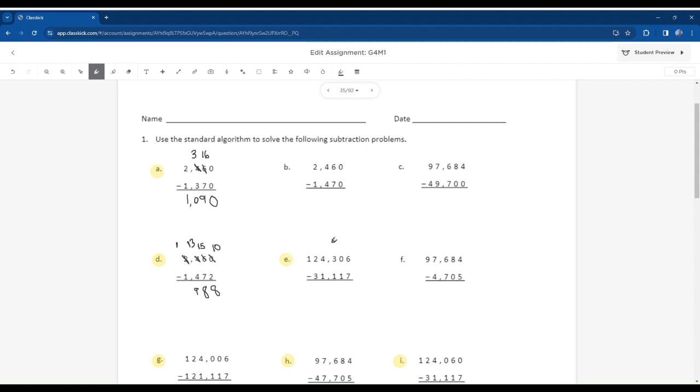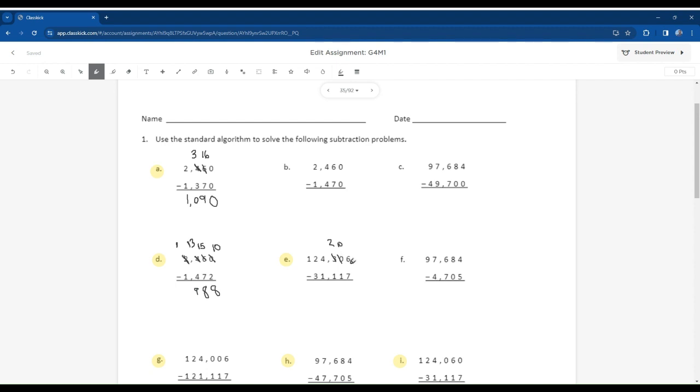Let's take a look over here at letter E, where we have 6 ones and we need to take away 7 ones. So normally what we would do is regroup over here from the tens place, but there are no tens. So we need to regroup all the way over here from the hundreds. So instead of using 300s, we're going to regroup 300s for 200s and 10 tens.